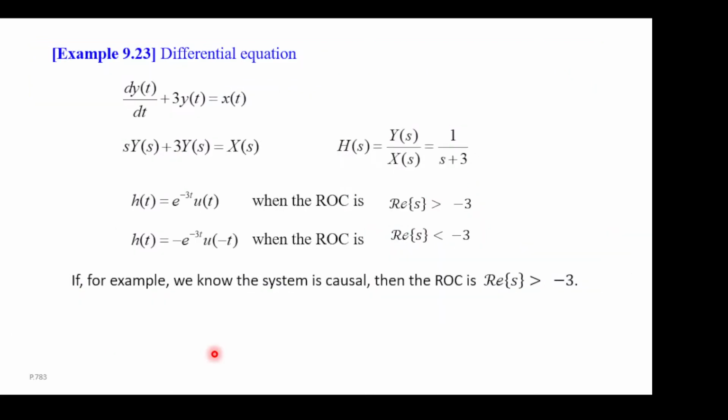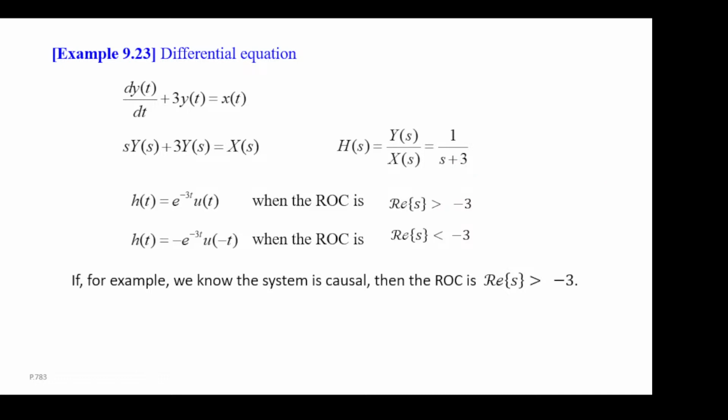Okay, so let's see an example, the very first one. The differential equation is dy/dt plus 3y equals x. Then you can just look at this and write down H of s. You have this 1 here, so 1 over s plus 3. Okay, so that is H of s.